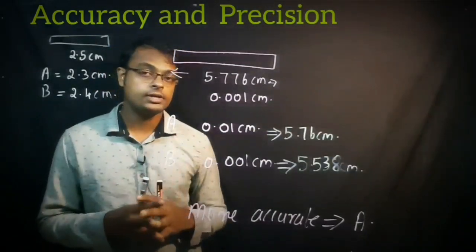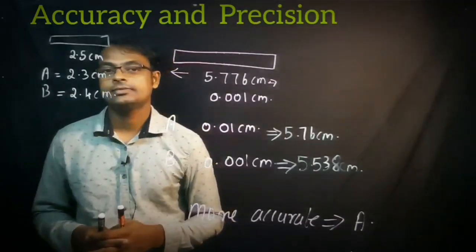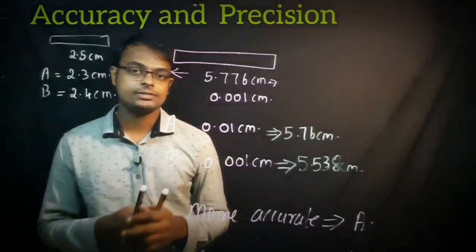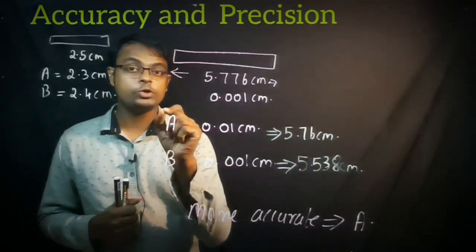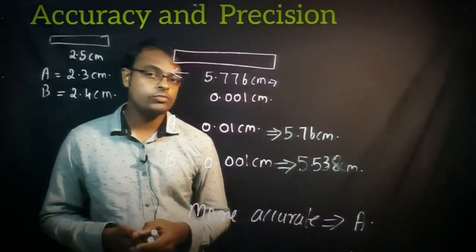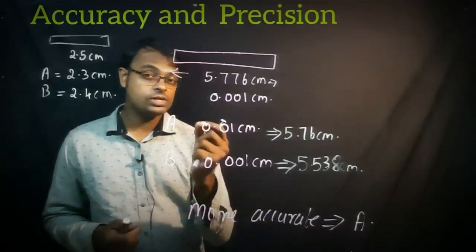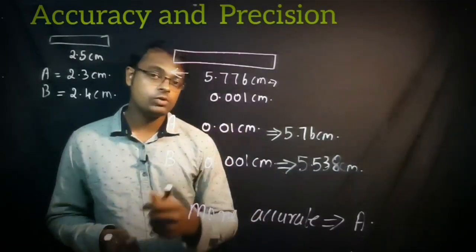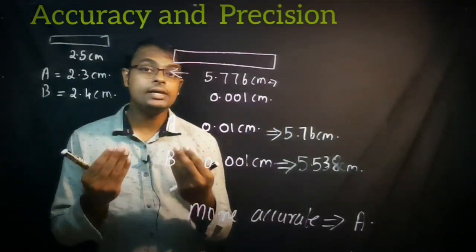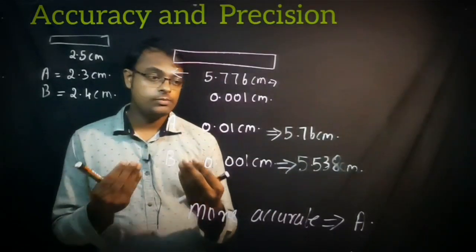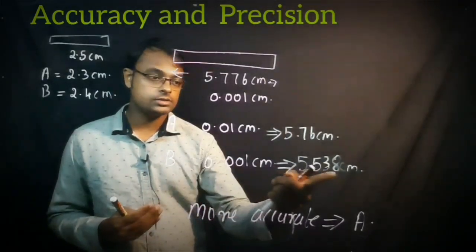The next question is, which value is more precise? As we already discussed, precision depends upon the limit of resolution. Which one is having the least count or very small limit of resolution? That is student B. That means student B can measure up to 3 decimals.